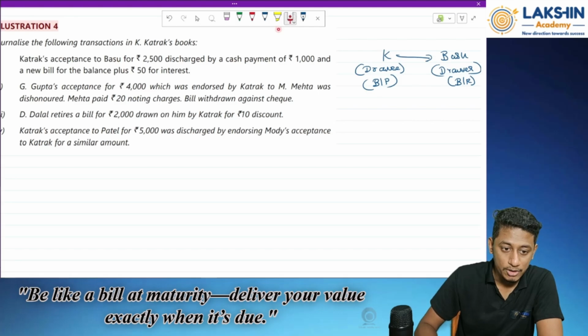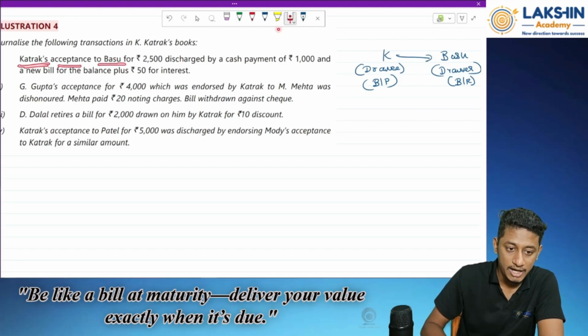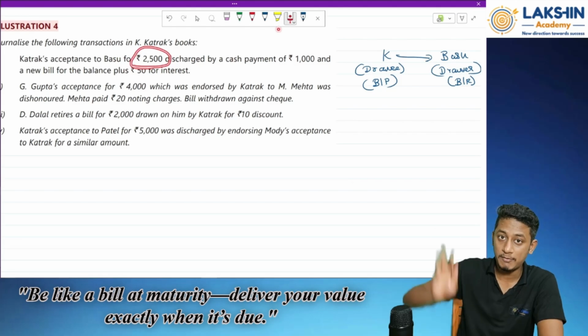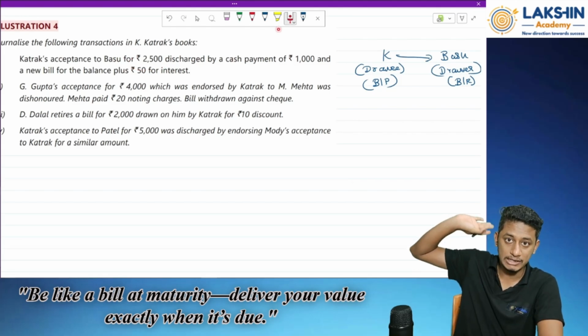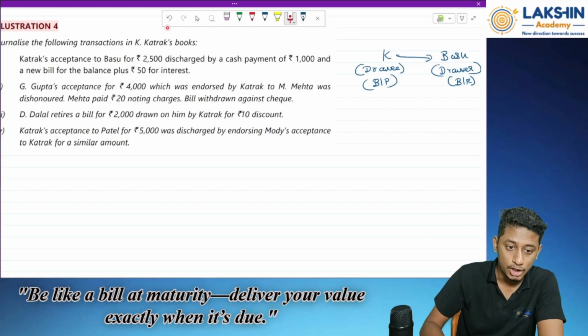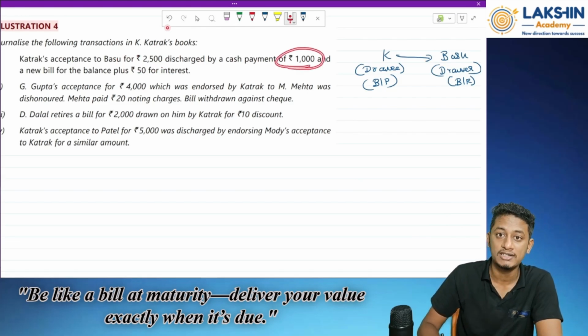So what has happened over here? Mr. K's acceptance to Mr. Basu for rupees 2,500 discharged by cash payment of rupees 1,000. So the bill was already drawn and accepted by Mr. K for rupees 2,500, which is now being discharged for rupees 1,000. Can we do that?